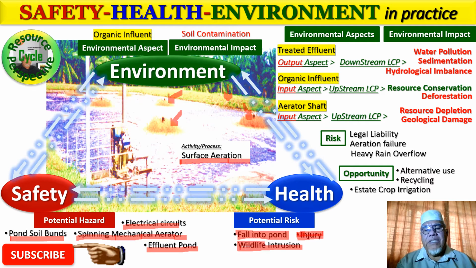And also, as I mentioned, some of the risk could be wildlife intrusion. There was one time I was walking around the pond, checking the conditions of the bund, but the grasses were high. And I stepped on something smooth and soft.